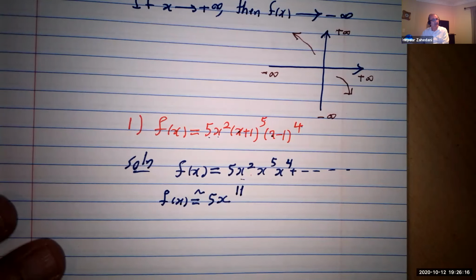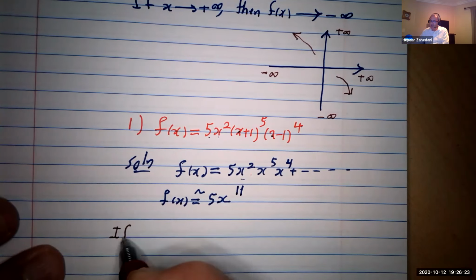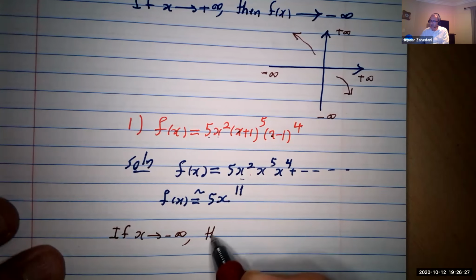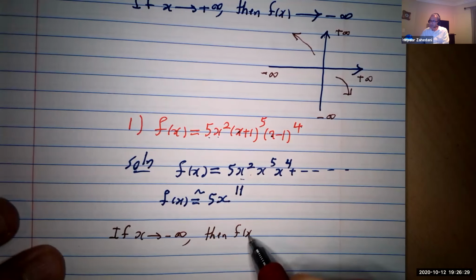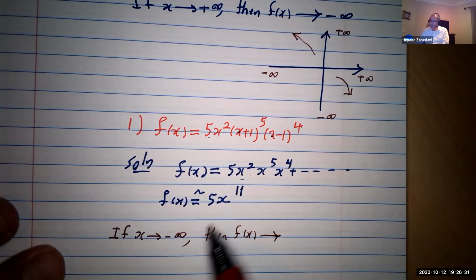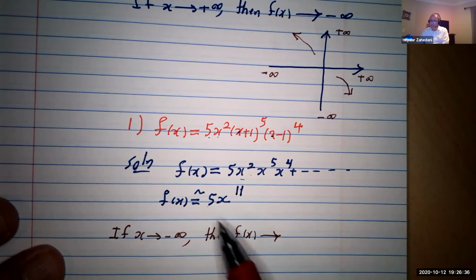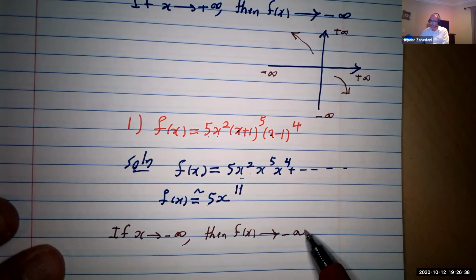We don't want the other terms because we just want to check the infinity. So if x goes to negative infinity, then f of x goes to, you see, negative to the 11 would be negative, and there is a positive number here, so it makes it negative.